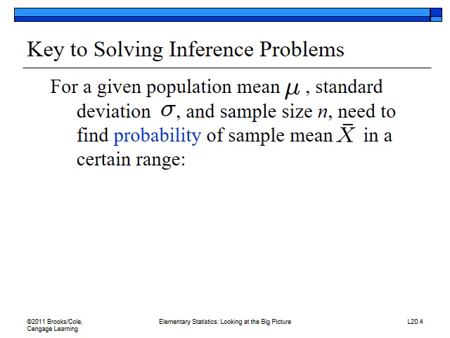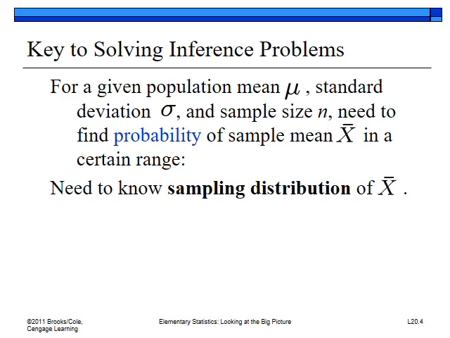So here's how we're going to do this. If we know the population mean, mu, and the population standard deviation, sigma, and we have a sample size n, we want to find the probability that a sample mean, that's a capital X bar, is in a certain range.